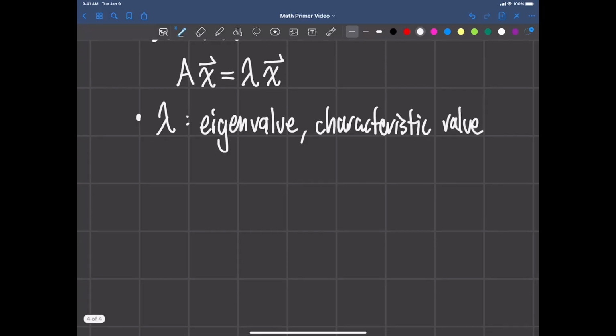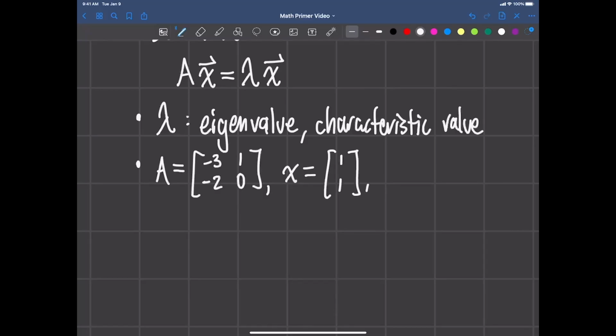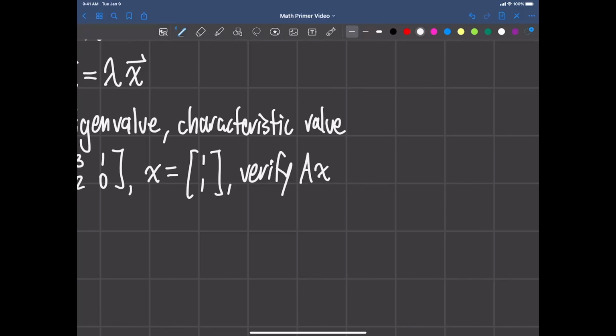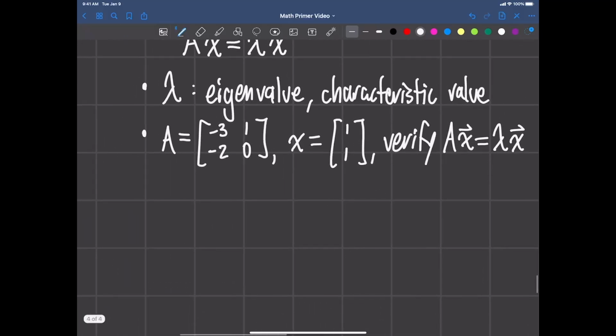So, in action, let's say that A, the square matrix A, is equal to -3, -2, 1, 0, and x equals 1, 1. We want to verify that Ax is equal to lambda x. Ax is actually equal to -2, -2 when we multiply them together.